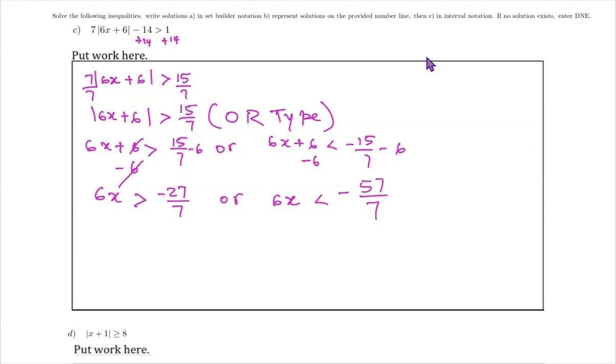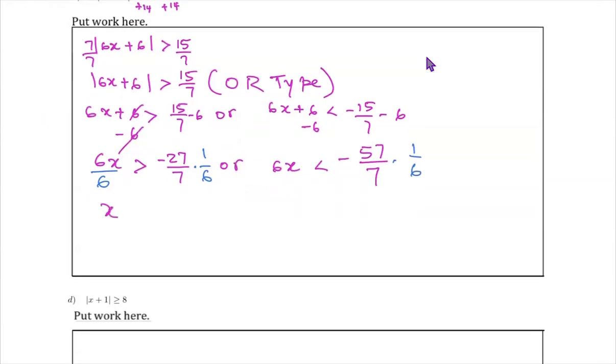Now, if we divide both sides by 6, meaning we multiply this fraction by 1/6, that is x greater than, simplifying by 3, the denominator will be 14, and 27 divided by 3 is negative 9, so negative 9/14.